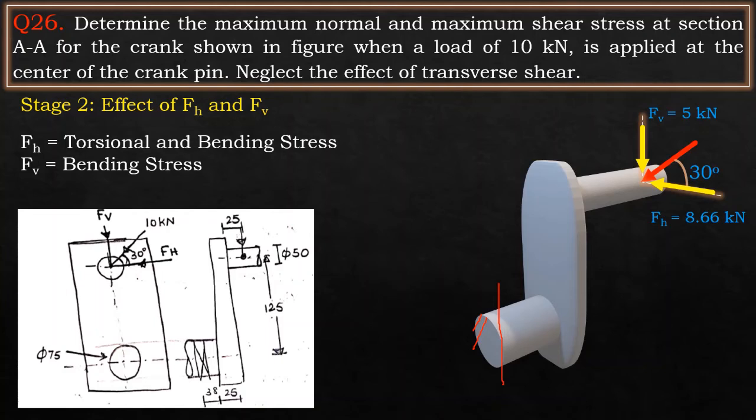At the same time, because of Fh there may be a bending which happens at section A. So the effect of Fh is to produce torsional stress as well as bending stress.